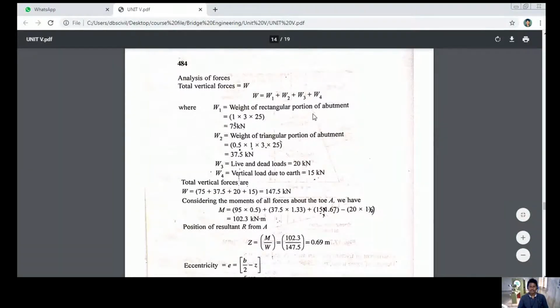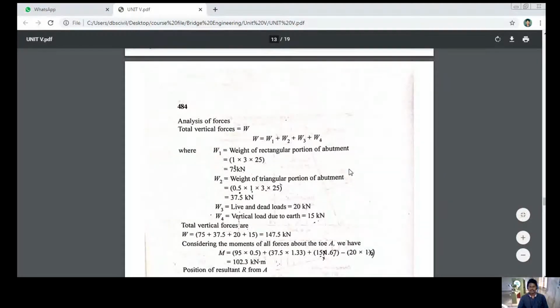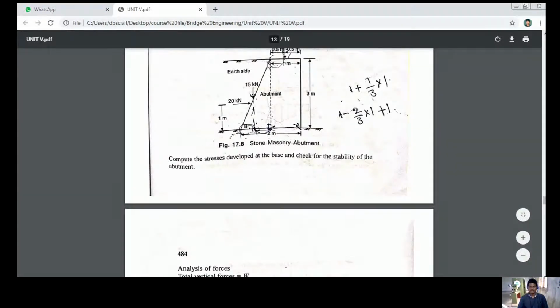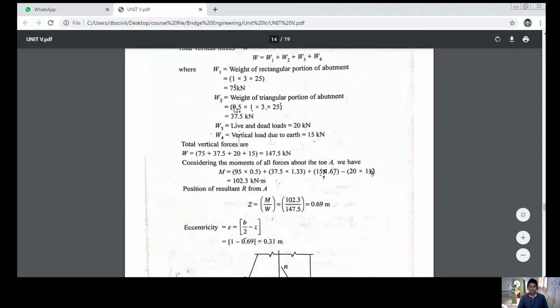Now W2. W2 is the weight of the triangular portion of the abutment. Okay, now let's see here. This is the triangular portion, and we calculate its weight as 0.5 into 1 into 3 into 25, the density of stone masonry.